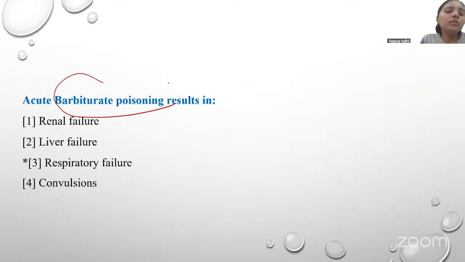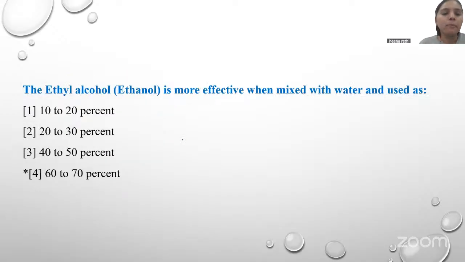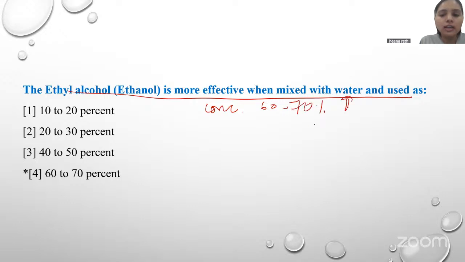Acute barbiturate poisoning. We have seen barbiturate, the major side effect is the respiratory depression. So there will be the respiratory failure in the person. Ethyl alcohol is more effective when mixed with the water as used. When the concentration of the alcohol is 60 to 70%, at this concentration they are highly effective, whether it is antiseptic or disinfectant.